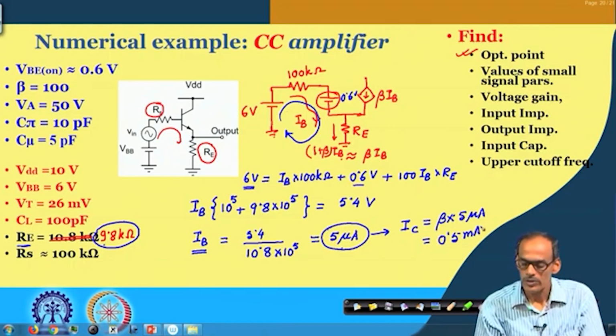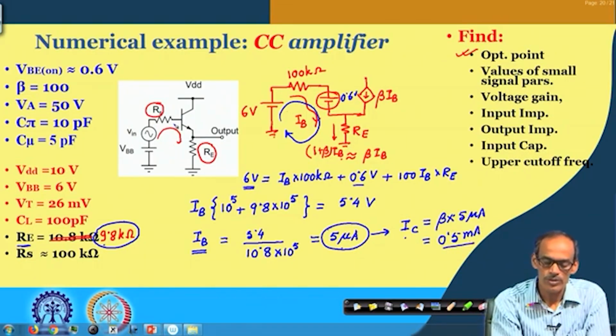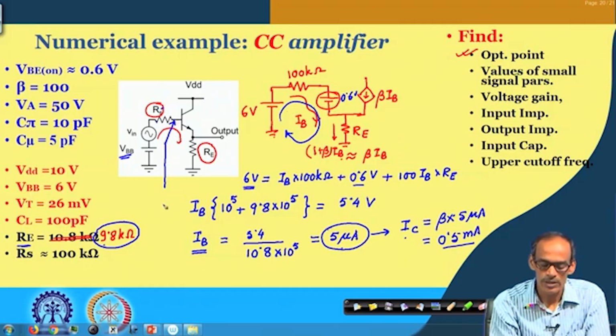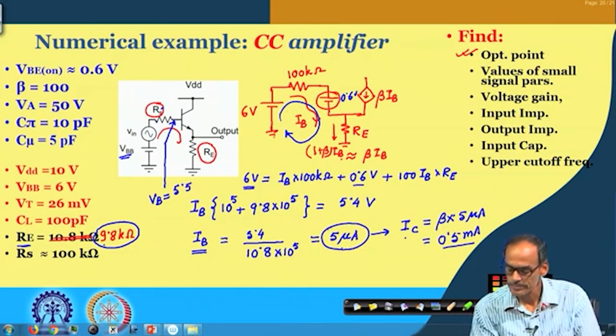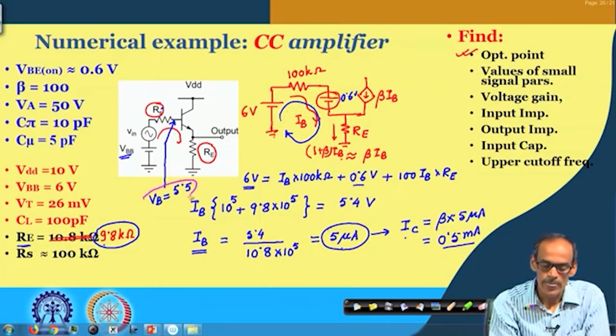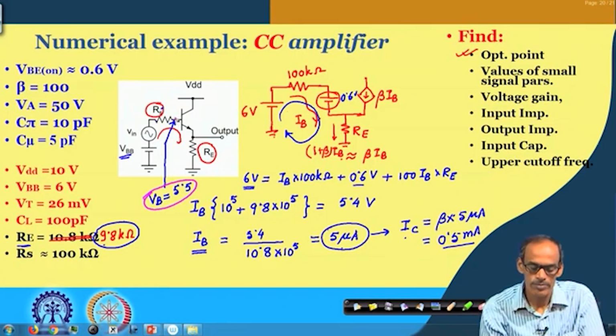And then once we have IC, you can calculate the voltage here. Similar to the previous case, the voltage here will be 6 volt minus the drop across this RS, and the drop is 0.5. So, the voltage at the base VB equals 6 minus 0.5, that is 5.5.